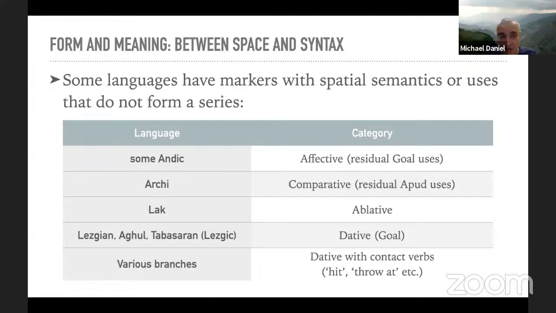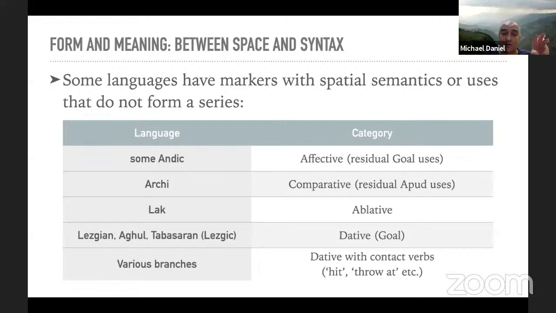And in various branches, that's the last case, maybe the most controversial, you use the dative with contact verbs. So hit on the table, or throw something at him, would use the dative, which is at least apparently related to spatiality.